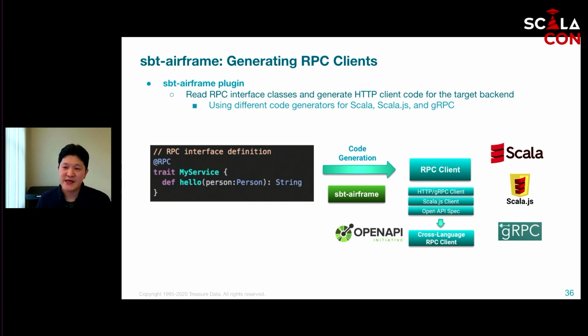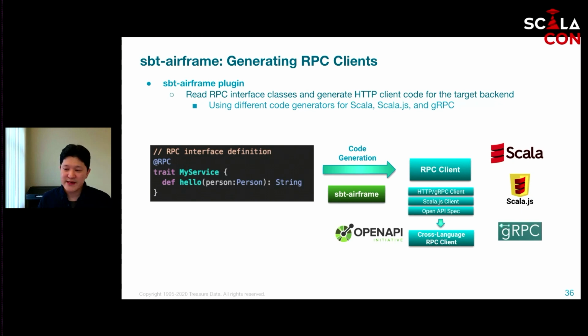For example, the sbt-airframe plugin reads this RPC interface marked with the RPC annotation. The RPC annotation itself does almost nothing. It's just a marker for finding RPC endpoints from your classpath. Then sbt-airframe generates RPC clients for the targeted backend, like Scala JVM, Scala.js, or gRPC. A different code generator is used for individual backend types.